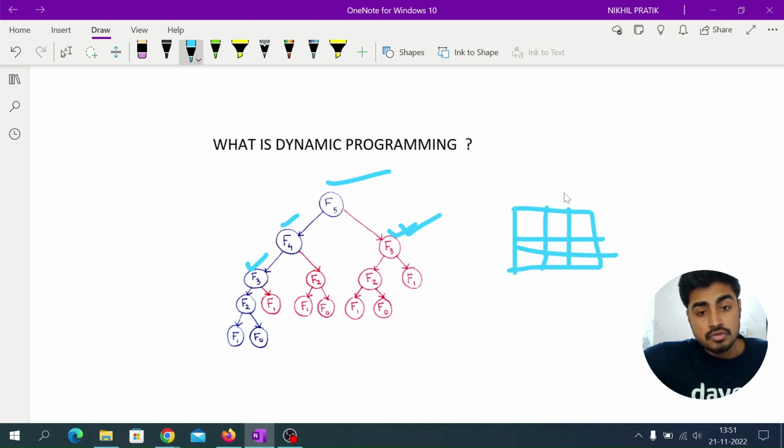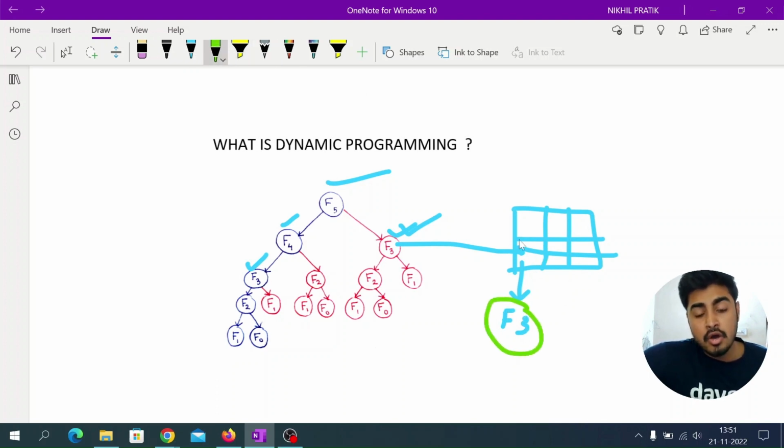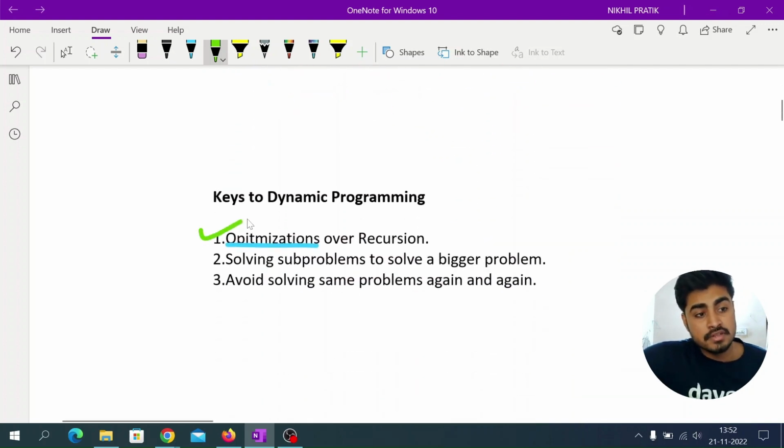So instead of computing every sub problem again and again, we can just store the F3 value here, and if we need it in the near future, we'll directly get it from this array or data structure. We don't need to compute it again by solving it recursively. This is how the first statement is justified.